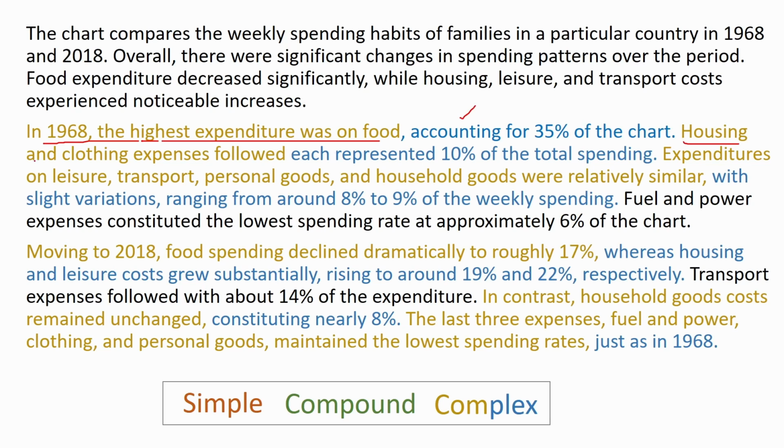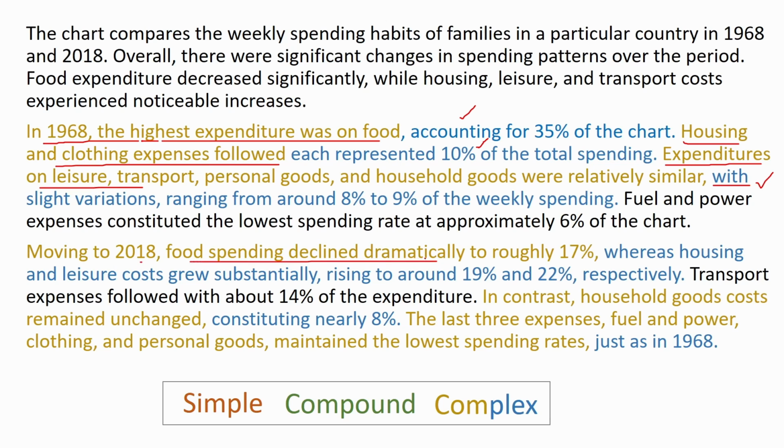The same is true for the next one. Housing and clothing expenses followed. That's the main clause, and the blue part is the subordinate clause. Also, expenditures on leisure, transport, and so on. This part is also the main clause, and the blue part is the subordinate clause that gives more information about that. The same is true for the next one.